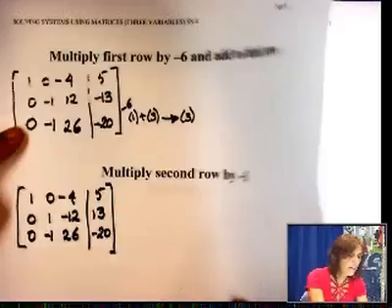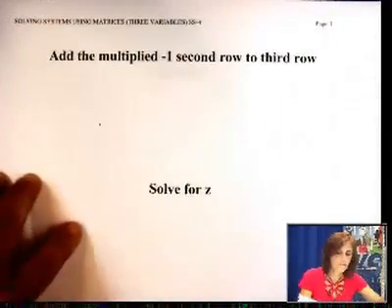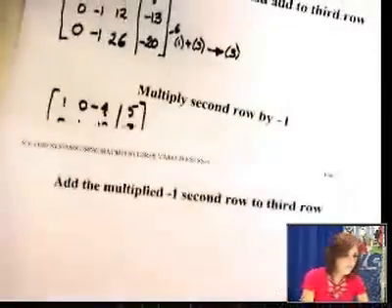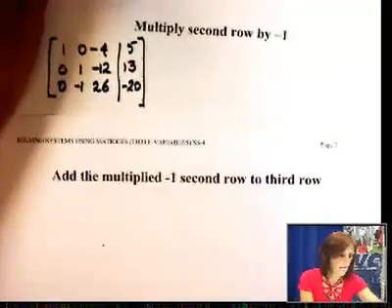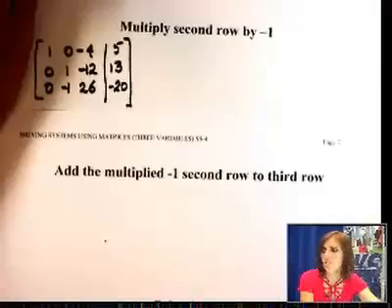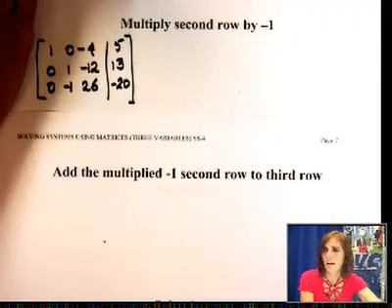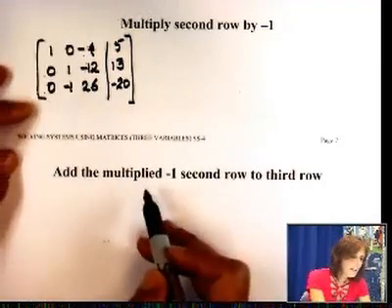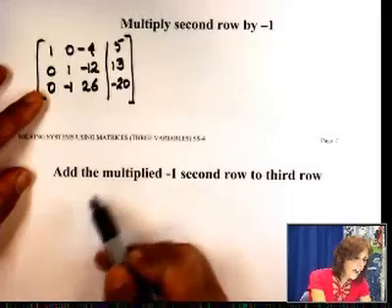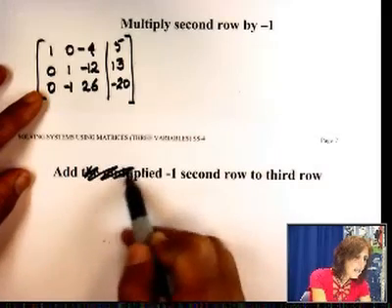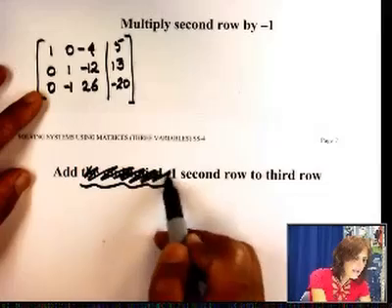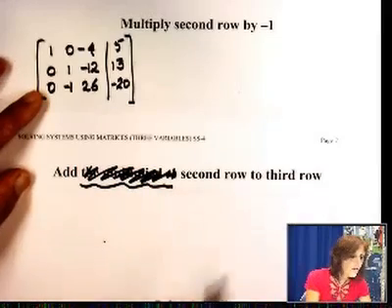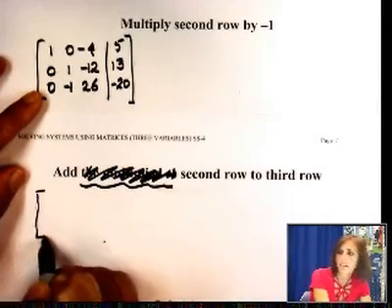And we're getting there. Actually, I don't need to do that. I already did that. So what I need to do, yeah, this is okay. The multiply -1 second row, I did that. So add the second row to the third row at this point.